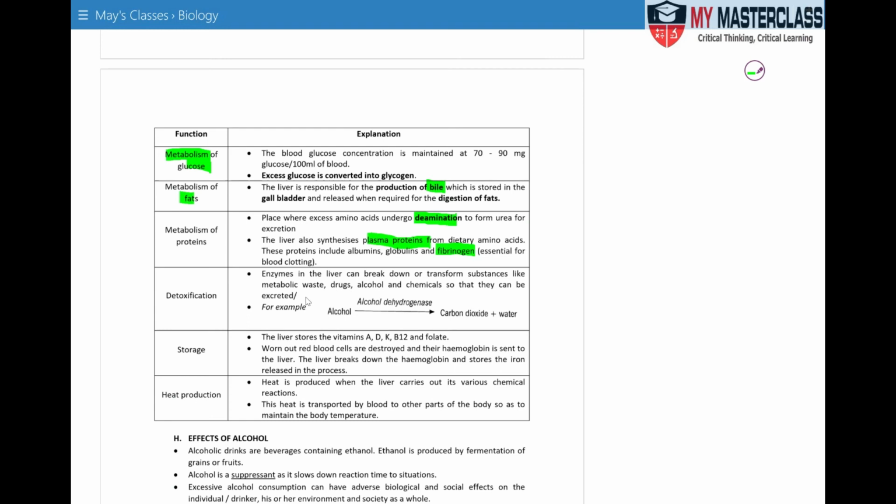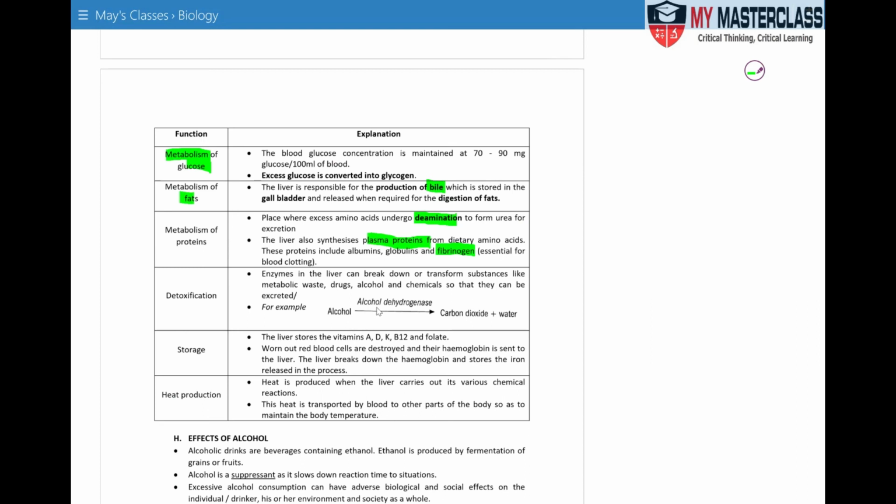Now the liver is also the site of detoxification. Whatever perfume smells, the Panadol that you take, or some food that does not agree with you, all of these will go to the liver for detoxification. One classic example is alcohol. Alcohol does not agree with most people.